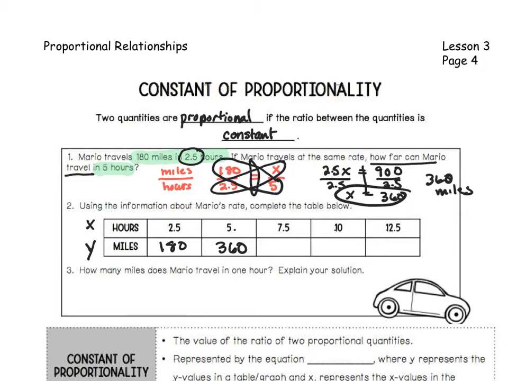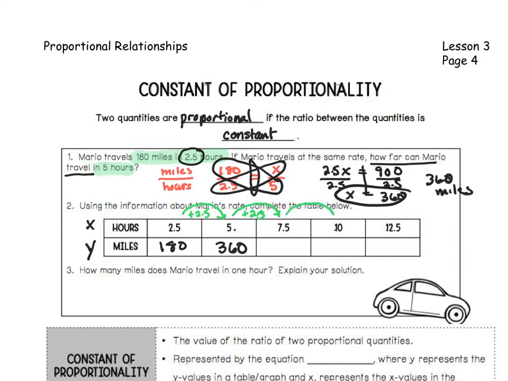Let's see if we notice anything when we go from 2.5 to 5. Well, I'm noticing if I took 2.5 and I added 2.5, that would give me 5. And I'm also noticing if I add 2.5 to 5, I'm going to get 7.5.